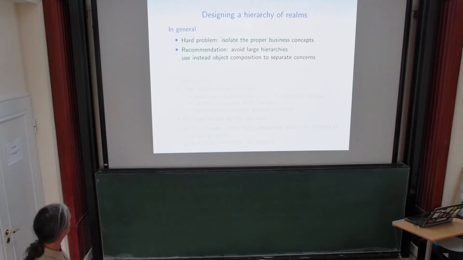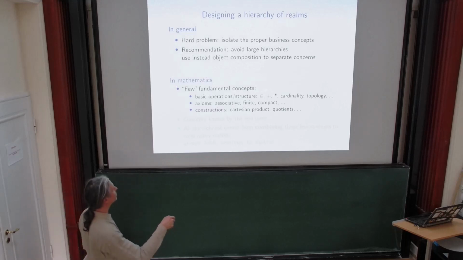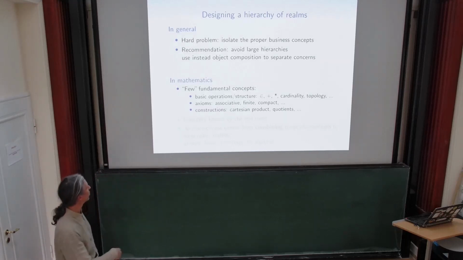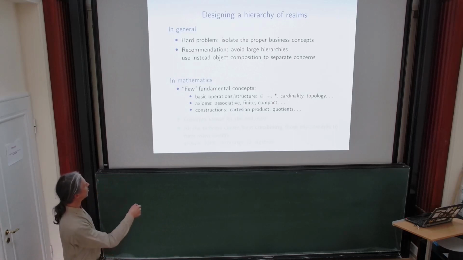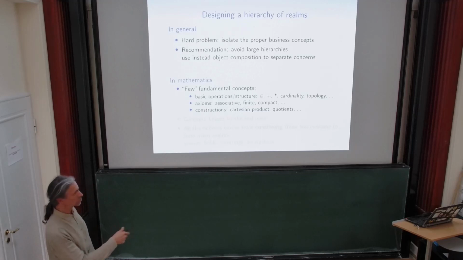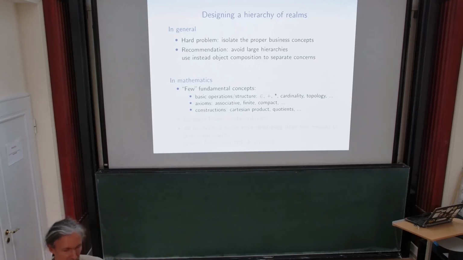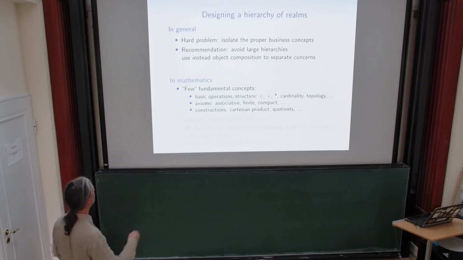Now, in mathematics, as was already mentioned, you actually have relatively few fundamental concepts. You have addition, belonging to, cardinality, topology, and so on. Then you have a bunch of axioms, like associative, compact, etc. And then you have a bunch of constructions: you can take two sets or two structures and do Cartesian products, etc. But you have only a few of them.